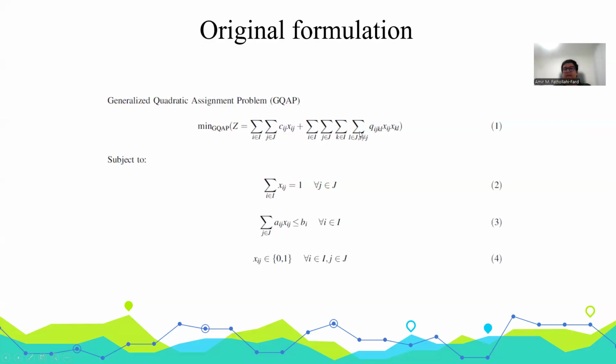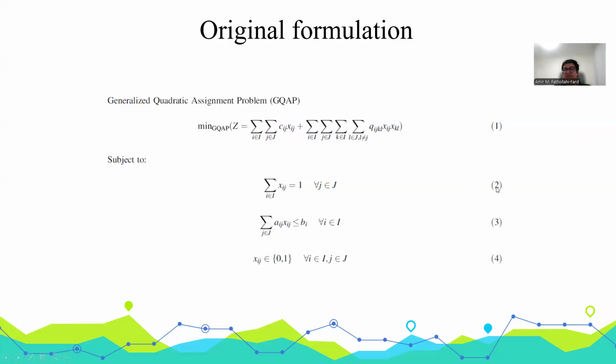So we have an objective function which aims to minimize the total cost, including the assignment cost and the quadratic cost, where this quadratic cost is nonlinear due to the multiplication of two binary variables xij and xkl, which show two different assignments of equipments to the production centers.